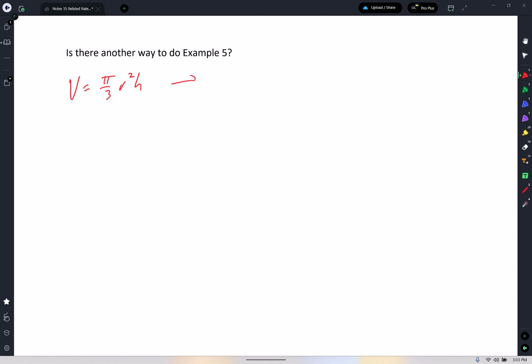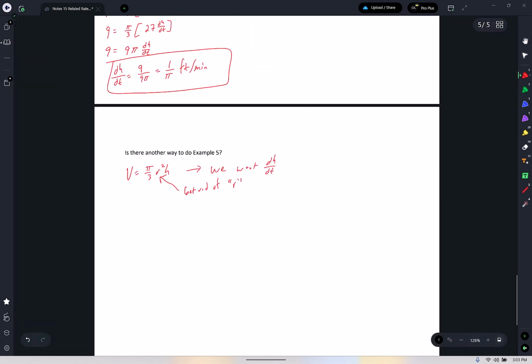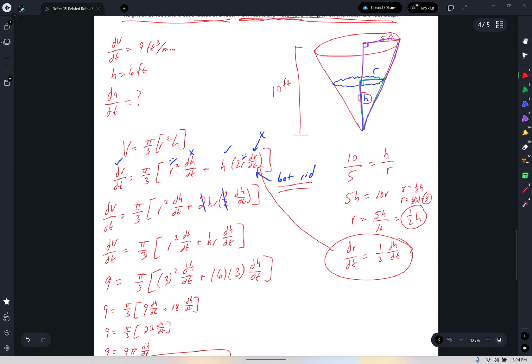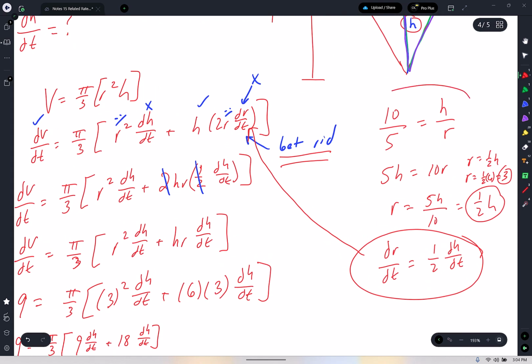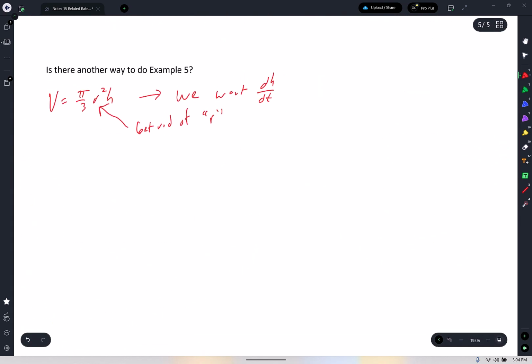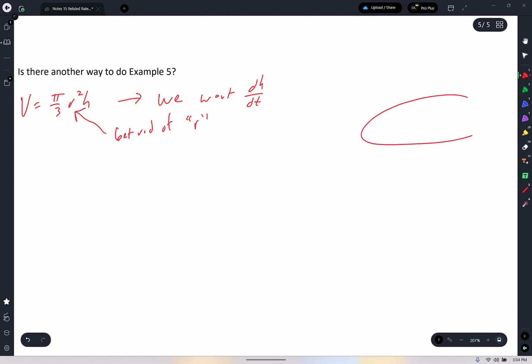We want dH/dt. Guys, if we want dH/dt, just get rid of r. How do we do that? From your similar triangles. From right here. Let me draw it again.